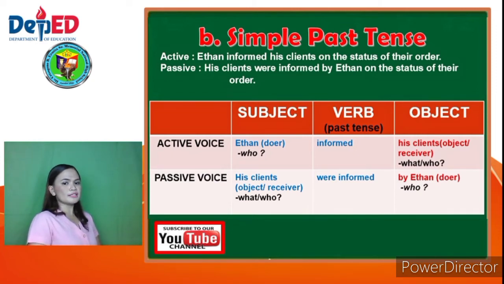In passive voice, the subject of the sentence becomes his clients, which is in plural form. The be verb were is used together with the past participle of the verb informed, so that it agrees with the subject his clients, which is in plural form.